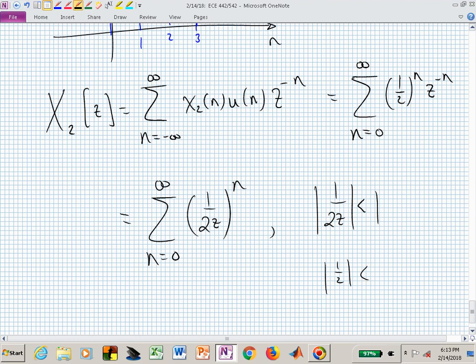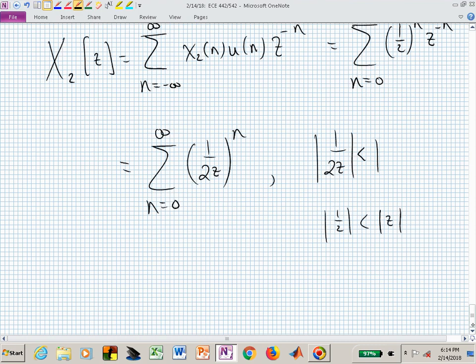We could just have 1/2 being positive. Now we have z outside of 1/2. That's our region of convergence for this particular expression.